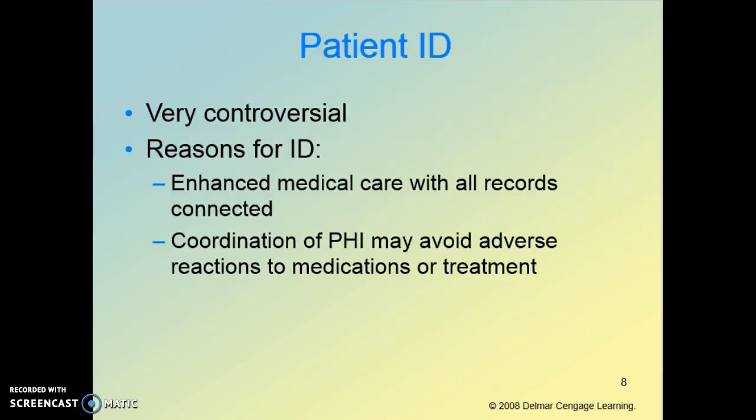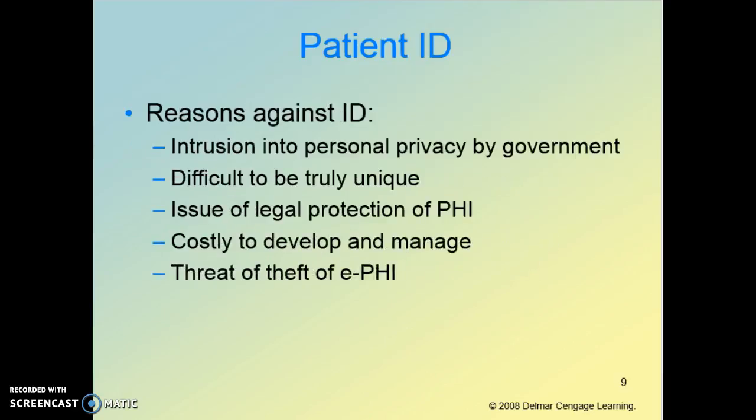And again, it comes back to the whole idea of making sure that we keep things private. So when they talk about the reasons against using the social security number as a patient ID, they want to make sure that it's not able to come back and identify us specifically. In other words, we don't want to have our identification stolen through our medical information.